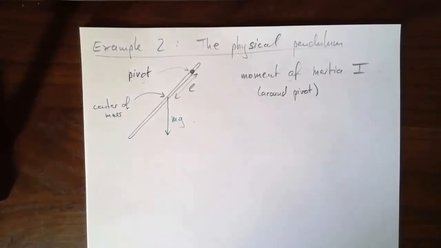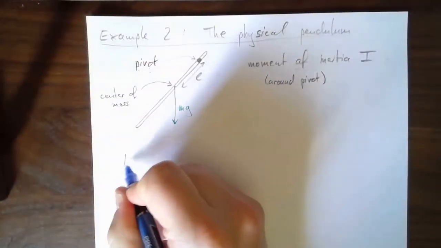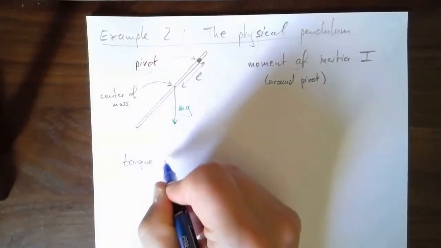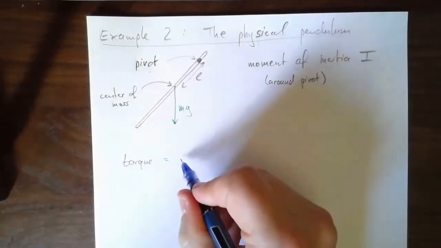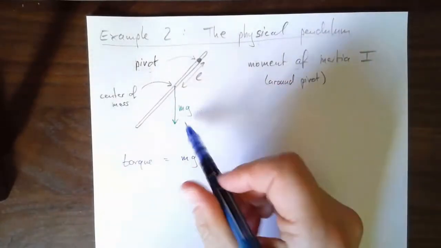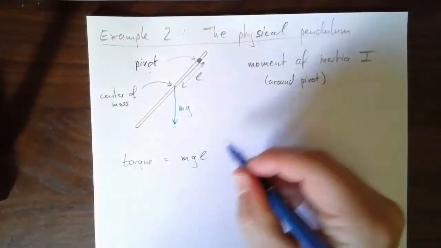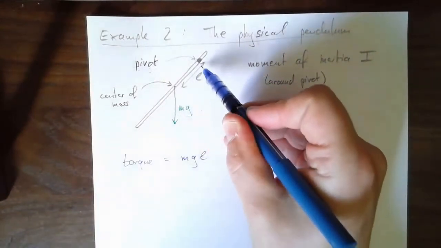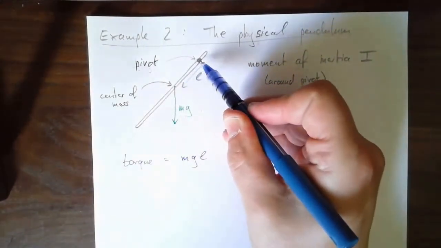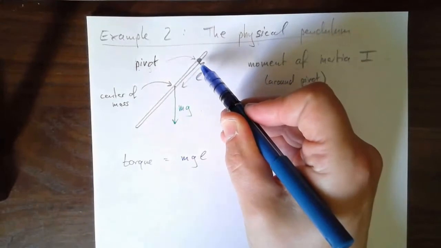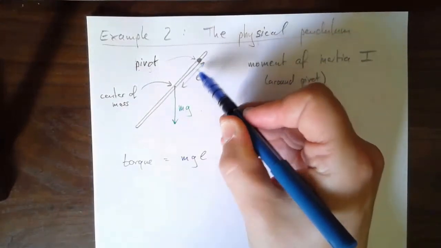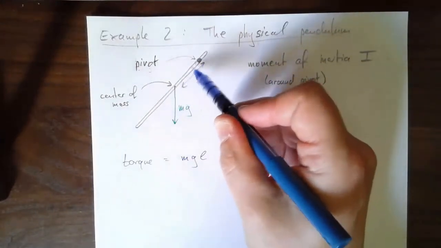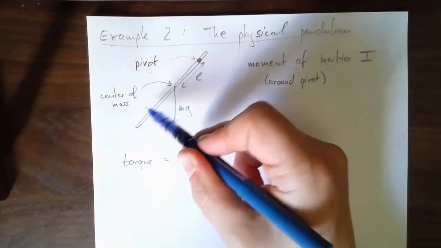Now, it doesn't take much analysis to figure out what the torque is in this case. The torque is going to be equal to m times g, the weight, times l, that little lowercase l is the distance between the center of mass and the pivot. So that'll depend on where I put that pivot. Is it at the end? Is it somewhere closer here? It depends on the shape of that pendulum.